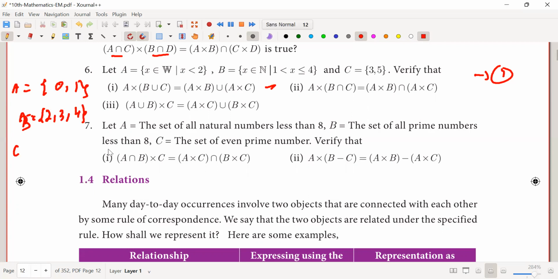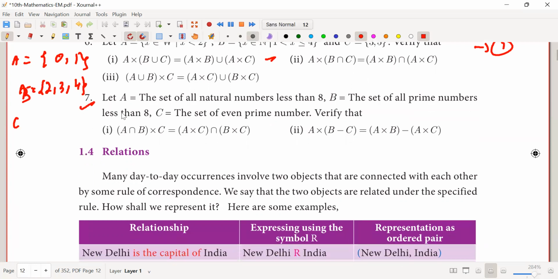Good. Well done. The 7th, the last sum. A is the set of all natural numbers less than 8. So A is 1, 2, 3, 4, 5, 6, 7.